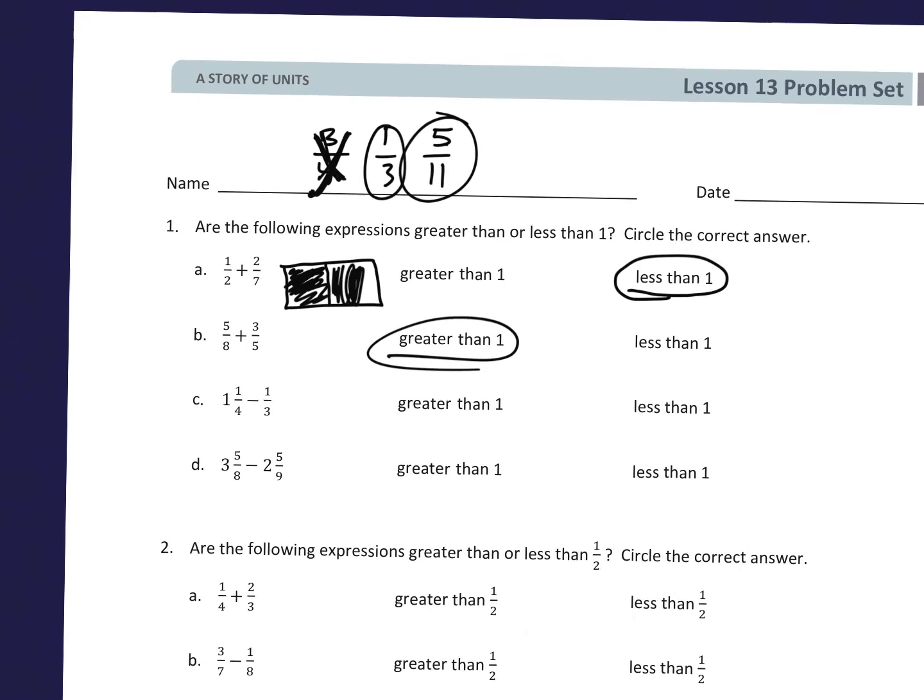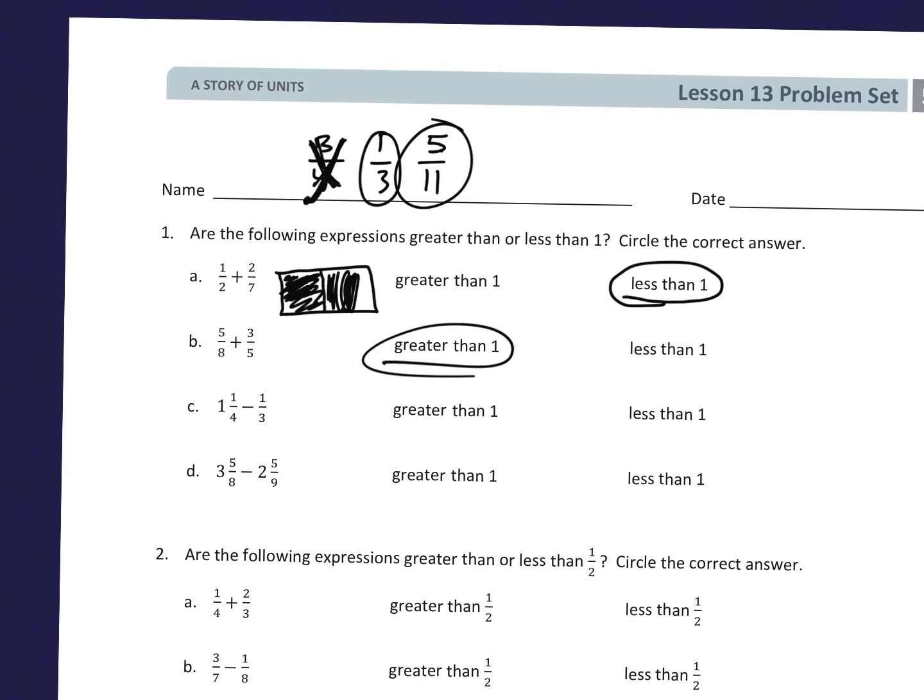So I want you to think about C and let's just look at C. 1 1/4 minus 1/3. Now it's doing something a little bit different. It's subtracting, right? And so we have to ask ourselves, well, 1 1/4 minus 1/3.